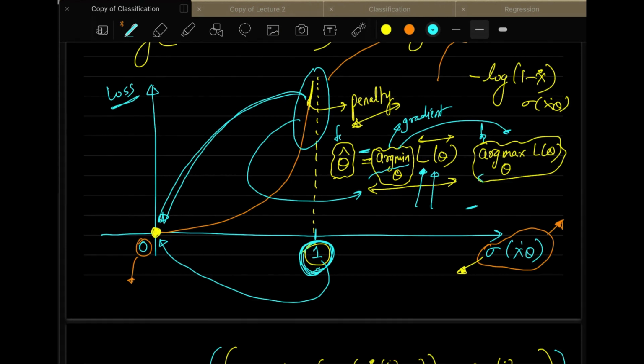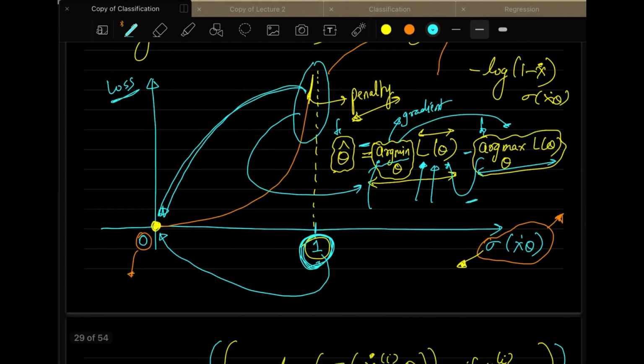If you have an argmax problem and apply a minus at the front, it becomes an argmin problem. So these two are dual, complementary to each other, but right now we are only considering the argmin case. Later, when we discuss advanced machine learning algorithms like support vector machine, you will see what this duality means and how we are doing it. Okay, sir.